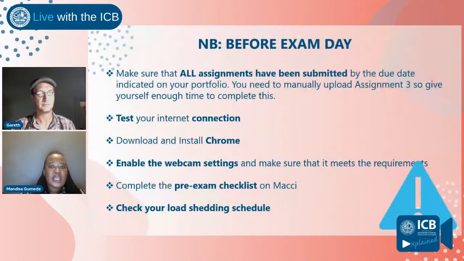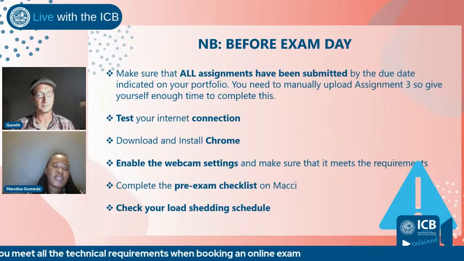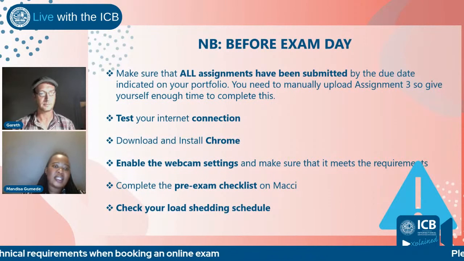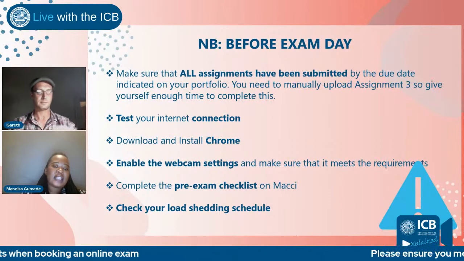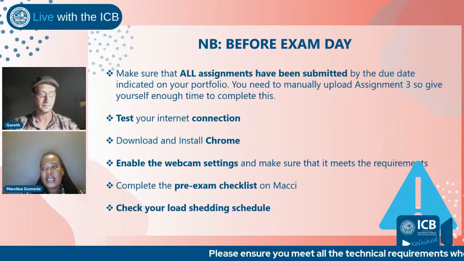And then this is just a recap, basically, of what we've covered in today's sessions as well as previous sessions. Make sure that all of your assignments and tests and all your POE activities are completed by the due date, and that assignment 3 is manual. It needs to be uploaded manually.